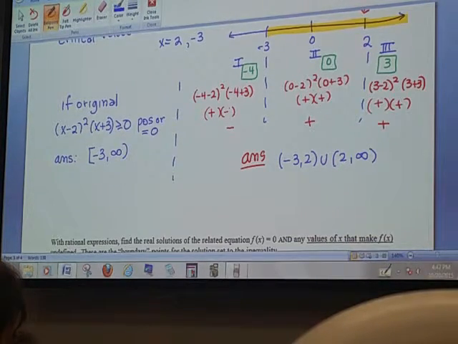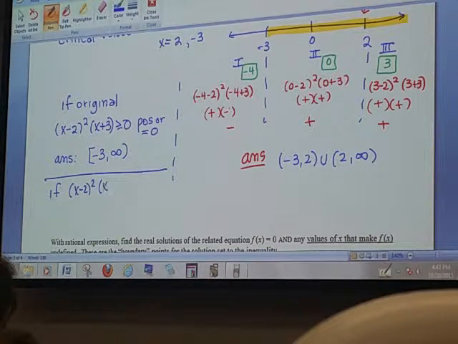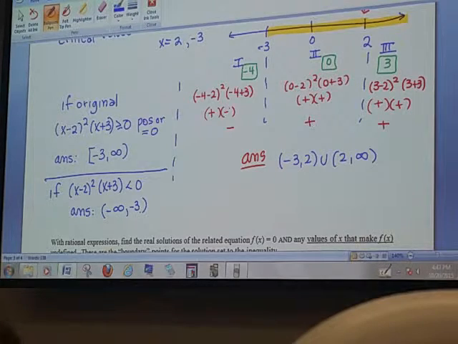If this had been x minus 2 squared, x plus 3 less than 0, then it would have been the negative part. So my answer would have been minus infinity to minus 3.